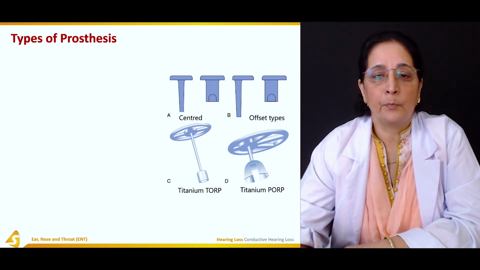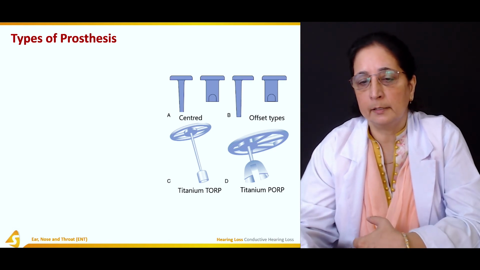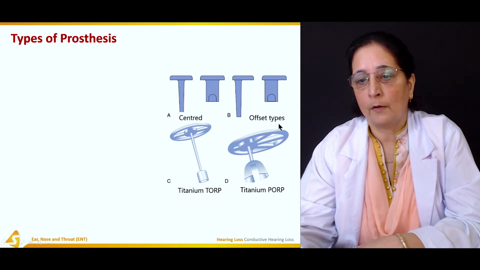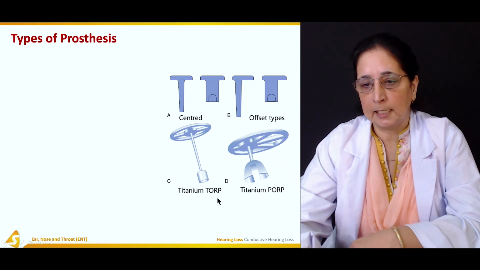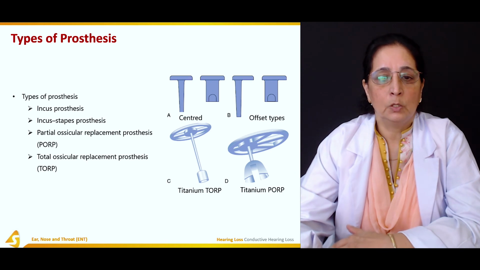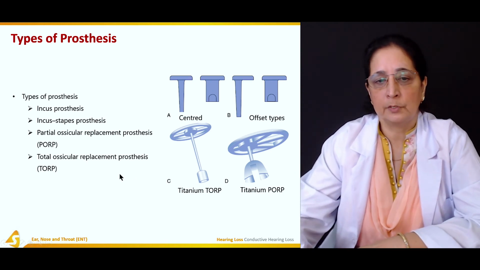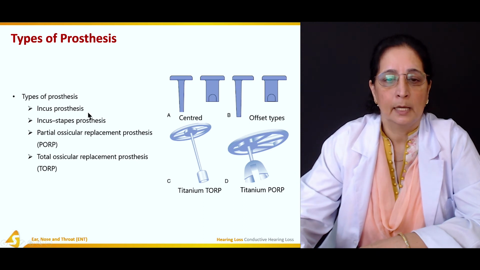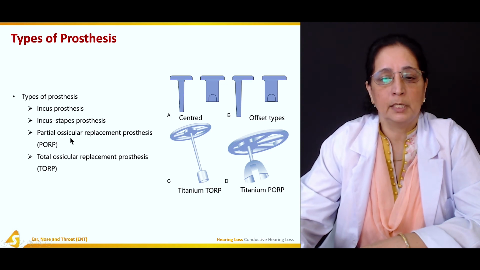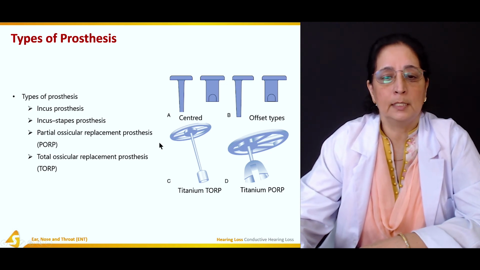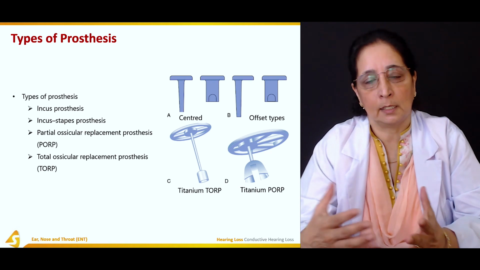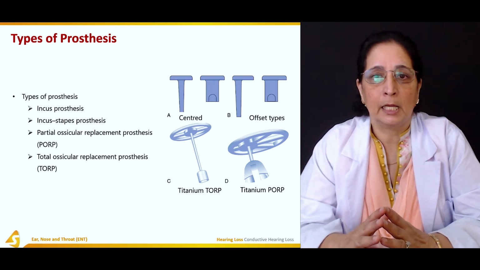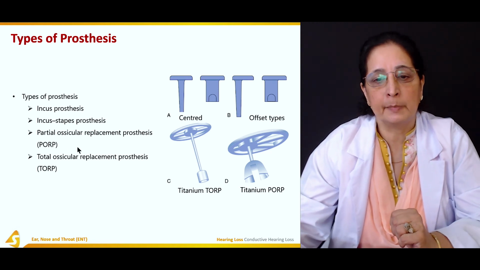Next, different types of prostheses. We have centered and offset types here in this picture. Then we have titanium TORP and titanium PORP. We have incus prosthesis and incus stapes prosthesis. This one is the partial ossicular replacement prosthesis, where some parts of the ossicles are replaced, and in the other type we have the total ossicular replacement prosthesis.